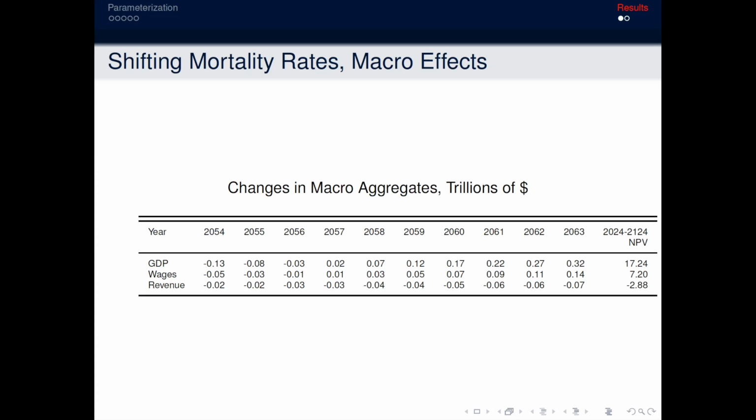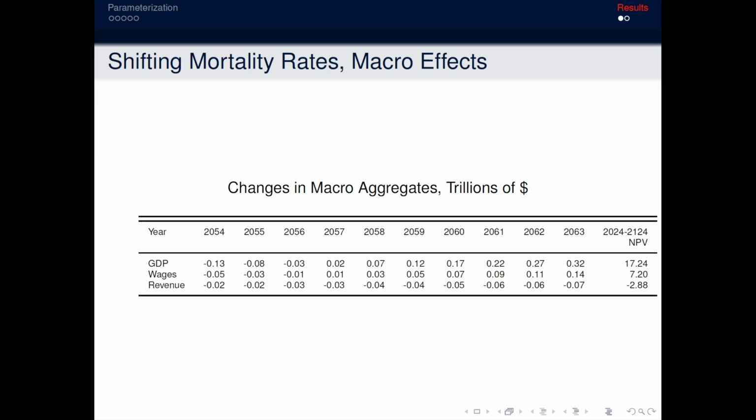What's interesting too is we've got these population dynamics going on. As people can live longer, that's going to increase the age distribution of the population. People are going to be slightly older. Also increases the size of the population. So that's really what's driving the GDP growth here, is we have more people able to produce more goods and services. Interestingly, you can see government revenue here. We haven't done anything to change the current social security system.